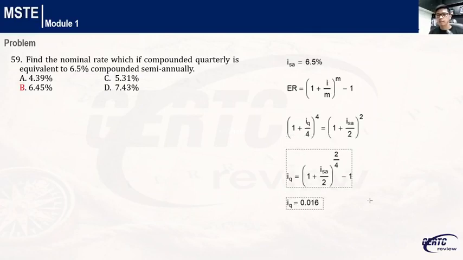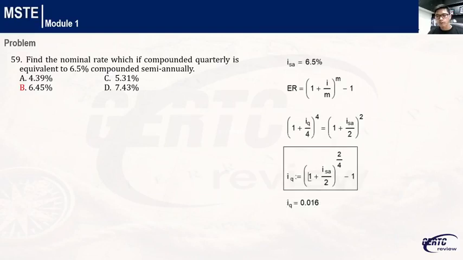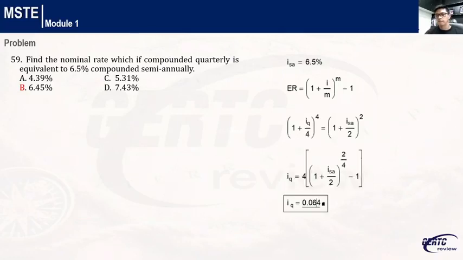Raised times 1/4, multiplied by 4. Okay. In percent is 6.45. Simplify lang natin. Actually, you can do that na dito. 6.45%.